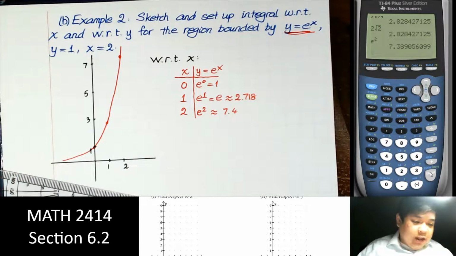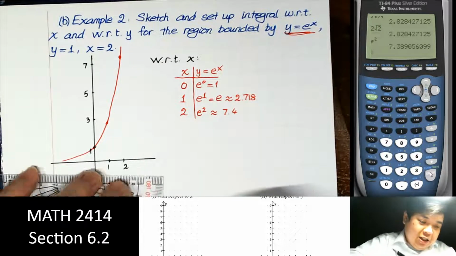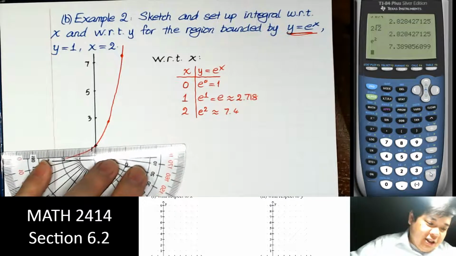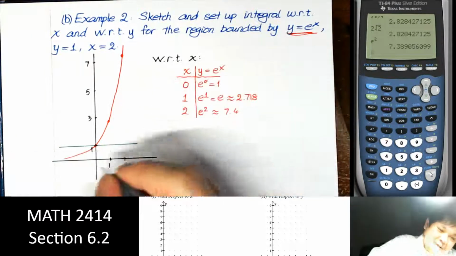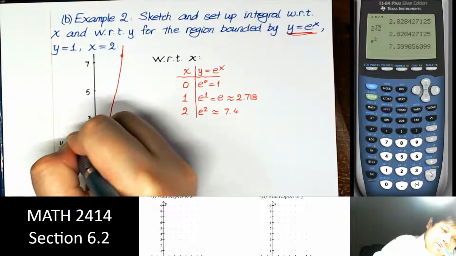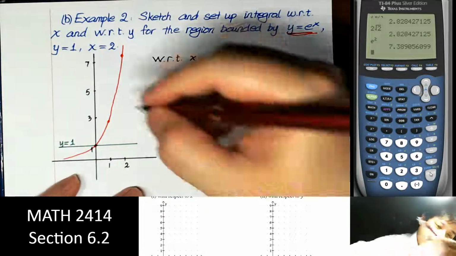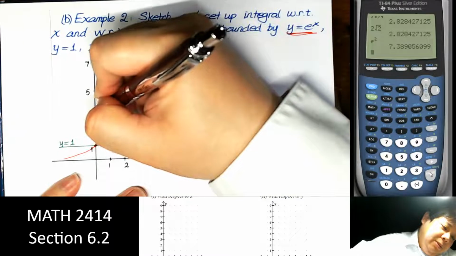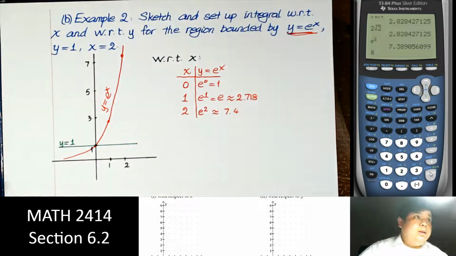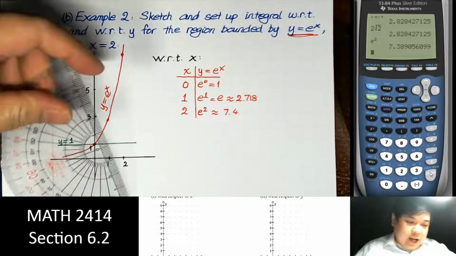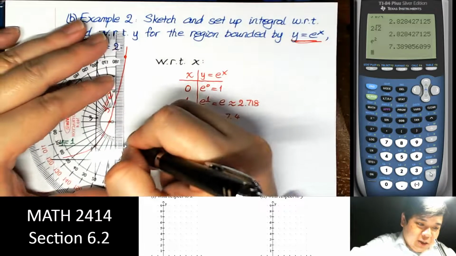Next, y equals 1. Well, that one is easy, just a horizontal line. And then x equals 2. That is the vertical line at 2.